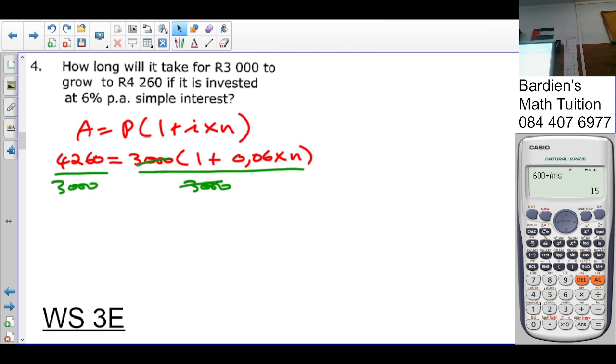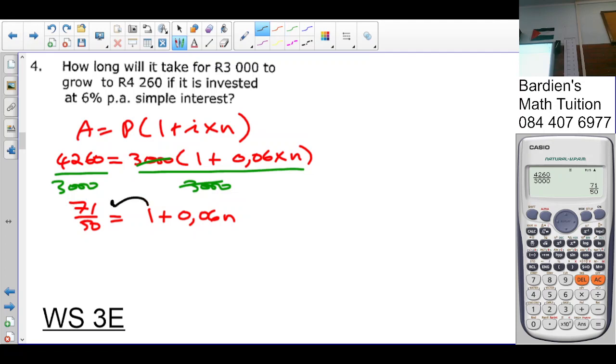So what do we get here? 4,260 over 3,000 Rand. That gives me 71 over 50 is equal to 1 plus 0,06n. What do I do now? Take the 1 over. Before we divide, you must take it over. So that's minus 1.